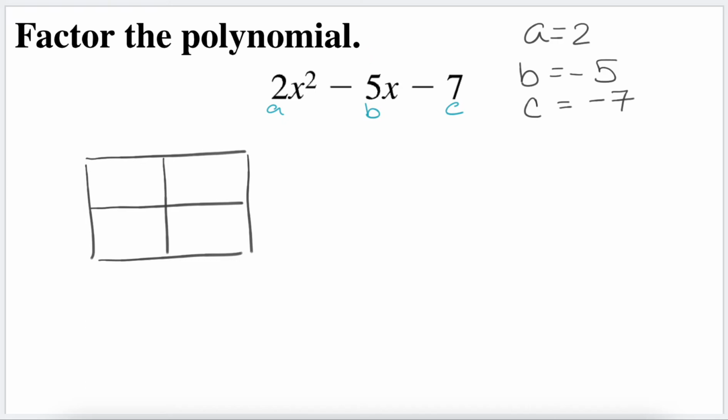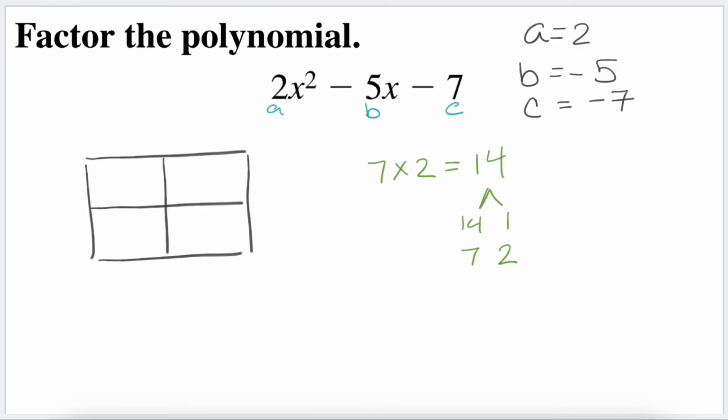So let's take a look at that. We have 7 times 2 equals 14. And let's look at some factors of 14. We have 14 and 1. We have 7 and 2. And I think that's it, right? Yep, those are it. So I'm looking at which of these factors will give me 5.